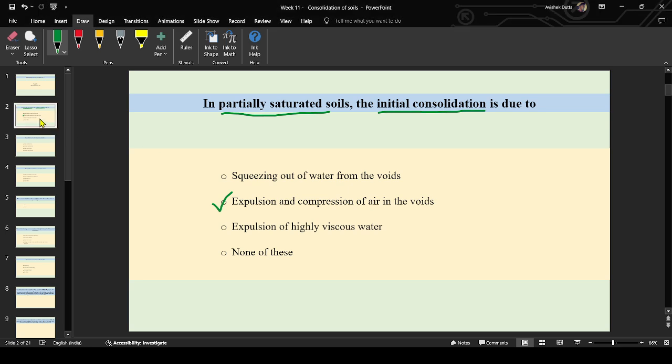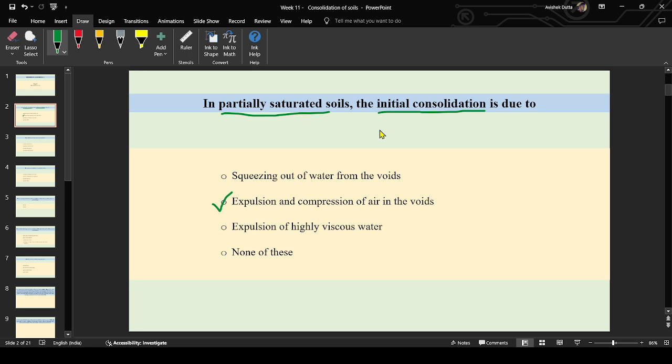Sir, is it complete expulsion of the air? See, first of all, air will get expelled out. Then expulsion of water will happen. I am not saying that the expulsion of water will start only after all the air is driven out; that is a theoretically pure concept. But on the application of load, since air is easier to expel than water, first the air gets expelled out.